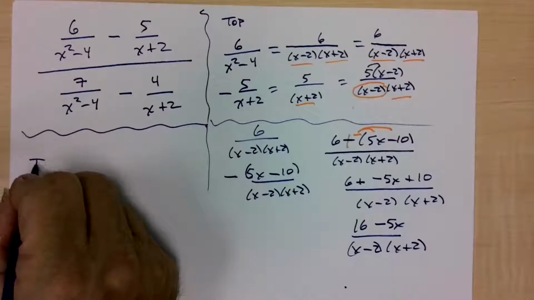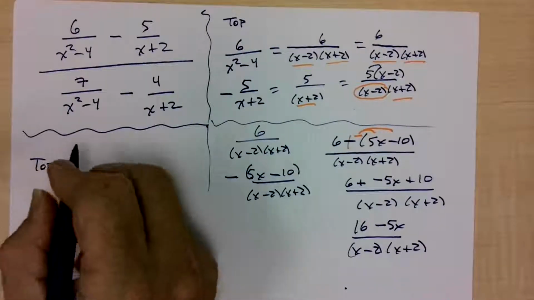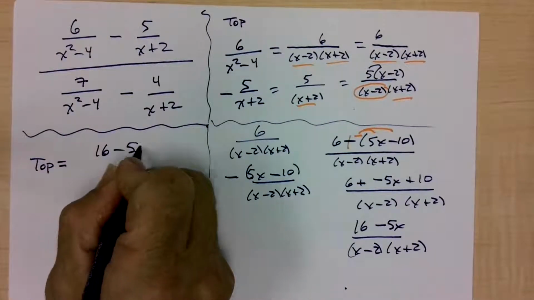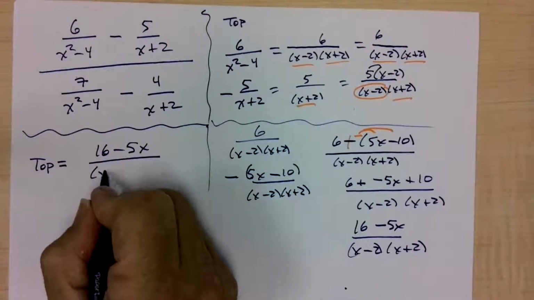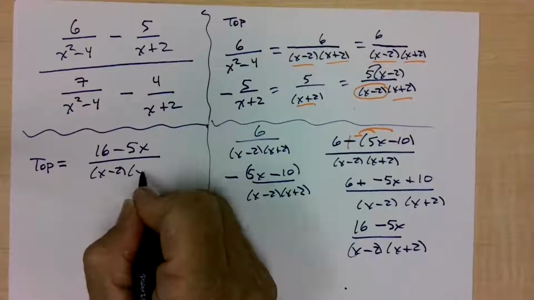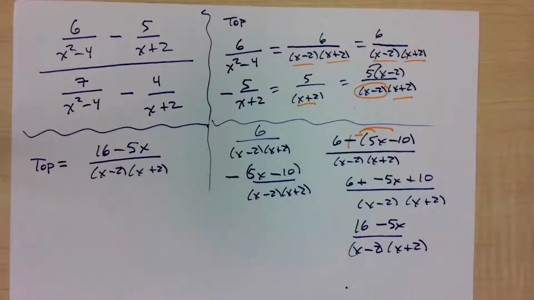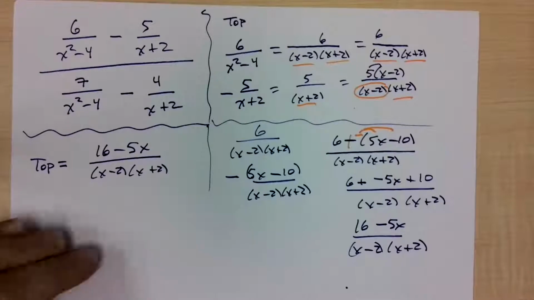So let's write that down. Top equals 16 minus 5x over x minus 2, x plus 2. Okay, now I'm going to go ahead and do the bottom.